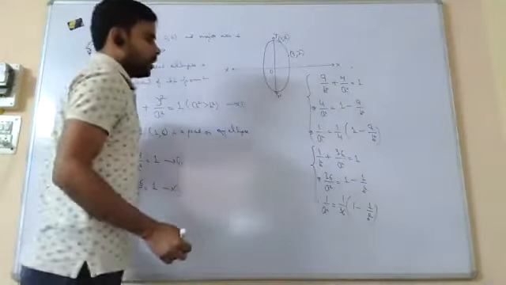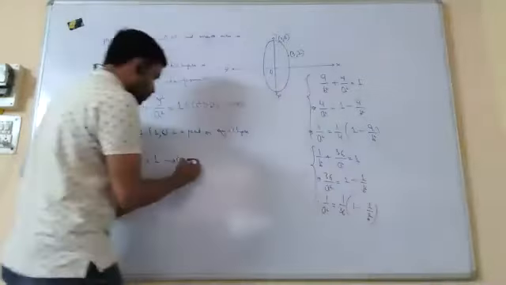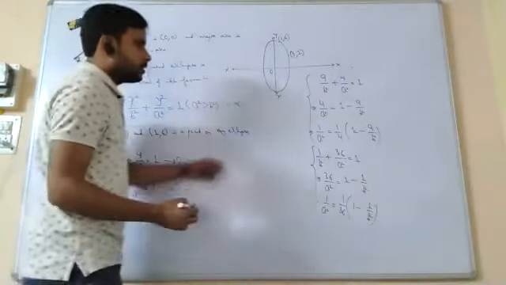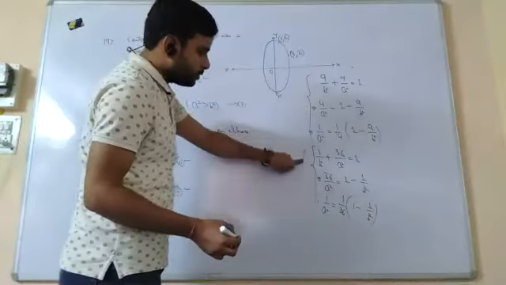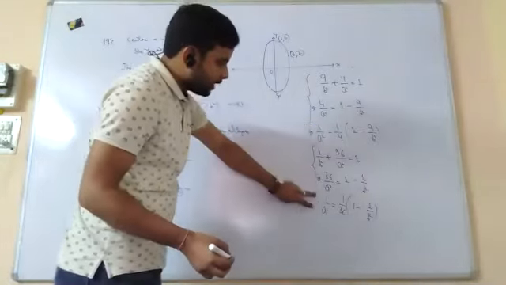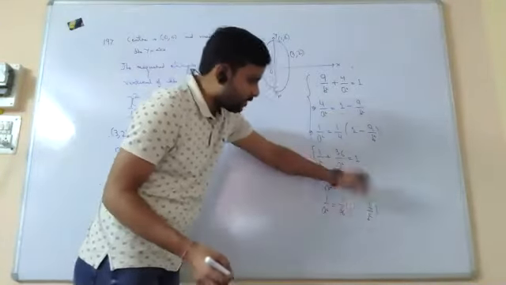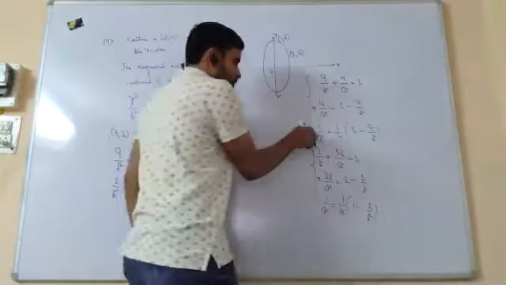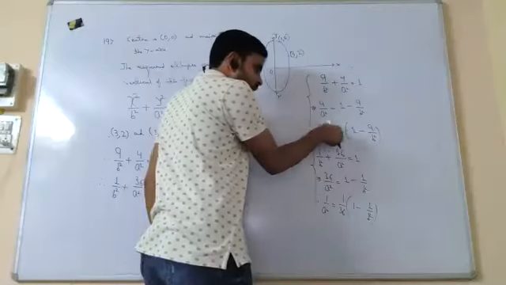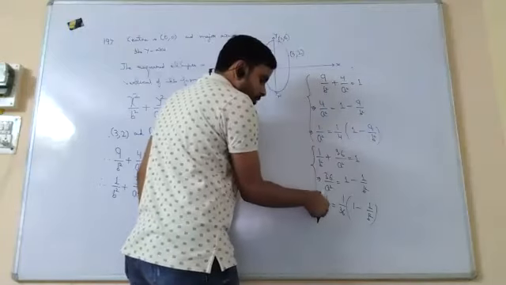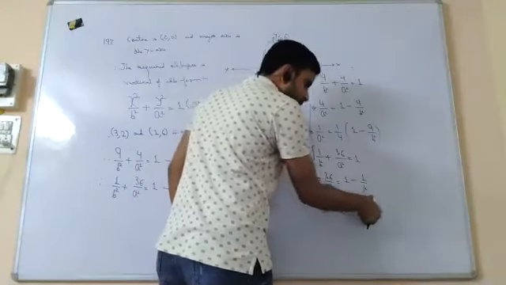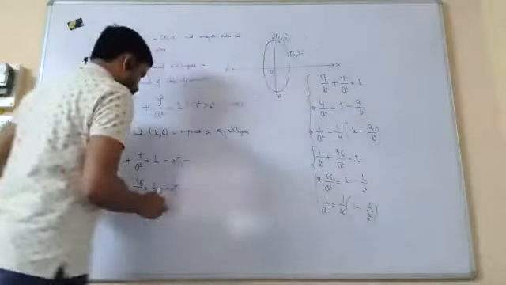ओके, अब इक्वेशन नंबर 2 और इक्वेशन नंबर 3 में 1 by a square निकाल करके दोनों के टर्म्स को इक्वलाइज कर दो. समझ में आया तो क्या बोला मैंने? पहला इक्वेशन नंबर 2 से 1 by a square निकाला, ये है. इक्वेशन नंबर 3 से 1 by a square निकाला, ये है. अब दोनों को इक्वलाइज कर दो.